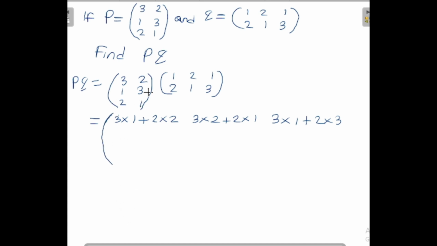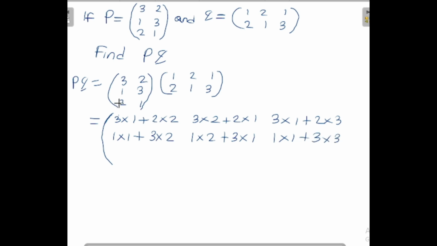Then the next one, this row will multiply this first column. So we say 1 times 1 plus 3 times 2. Then again, 1 times 2 plus 3 times 1. Then again, this row, we multiply this column again. 1 times 1 plus 3 times 3.